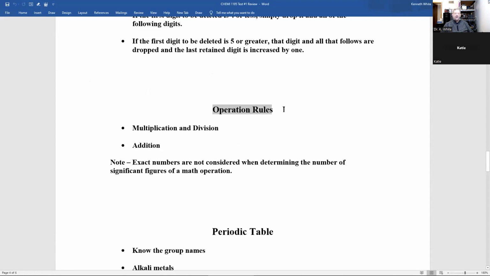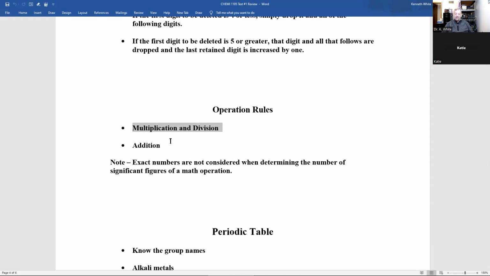Now, we talk about operation rules. For this test, you just have to know the multiplication and division rules. And that is, you get the same number of significant figures in your answer as the number you're multiplying or dividing that has the fewest significant figures.